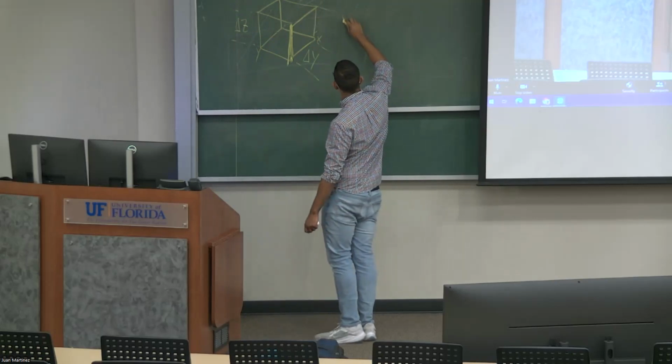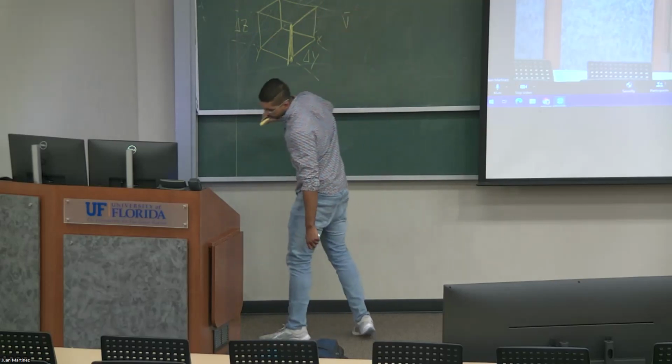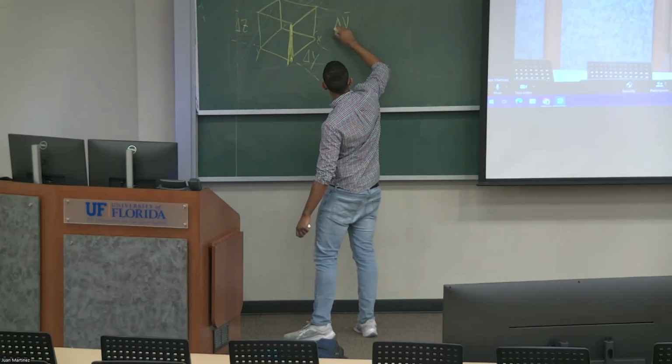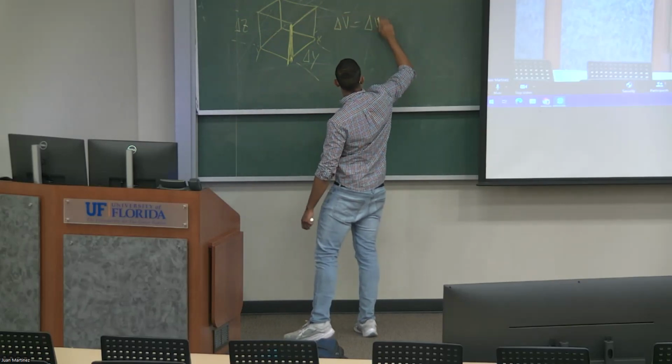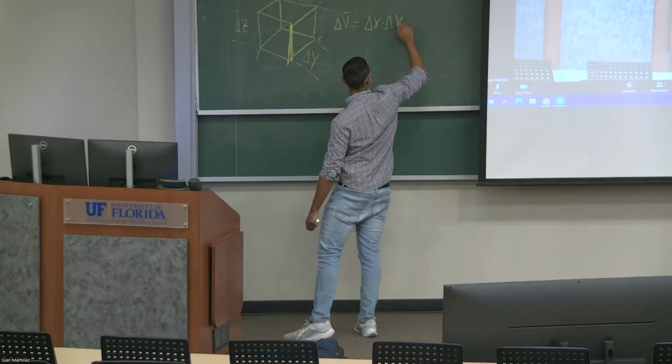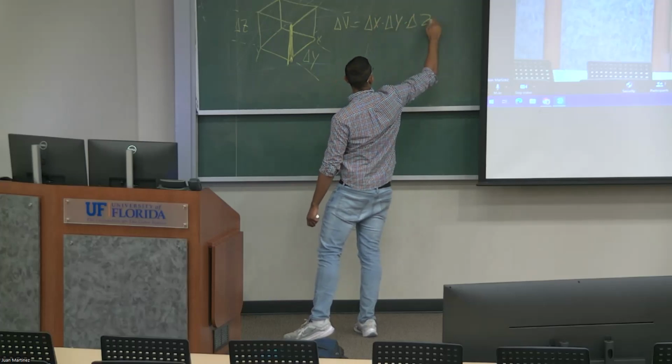For the volume, they describe it like this: the differential volume is equal to delta x times delta y times delta z.